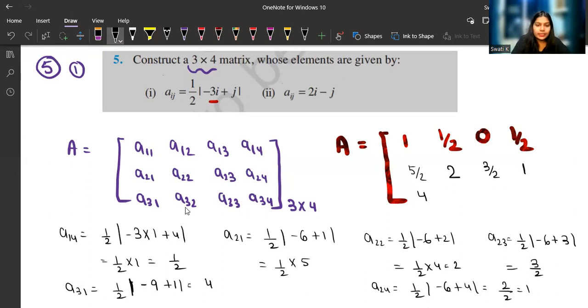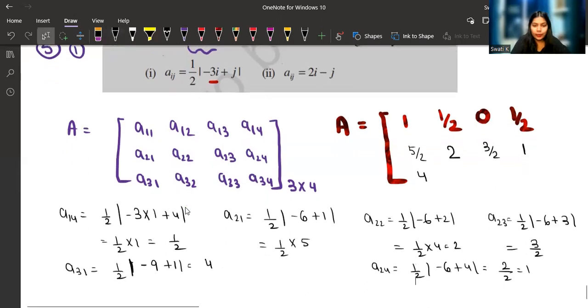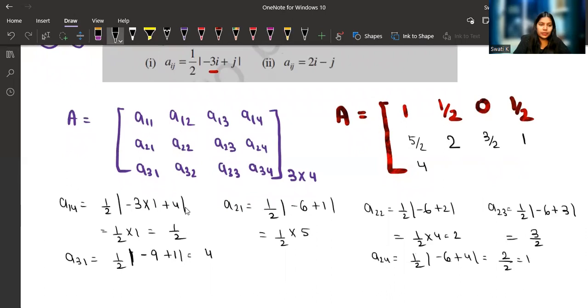Now what I'll do, I'll just keep on increasing this 1, 2, 3, and 4. So the next is A32, that will become half, minus 9 plus 2. Minus 9 plus 2 is minus 7, that is 7 only. So it is 7 by 2. Next entry, that is A33, that will become half, minus 9 plus 3, minus 9 plus 3 is minus 6, that is 6 only. 6 divided by 2, that is 3.